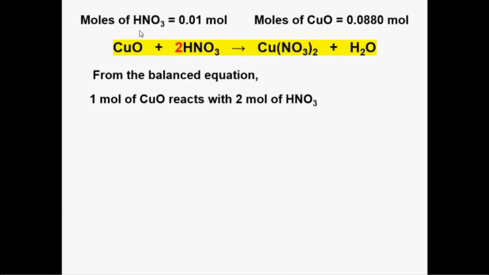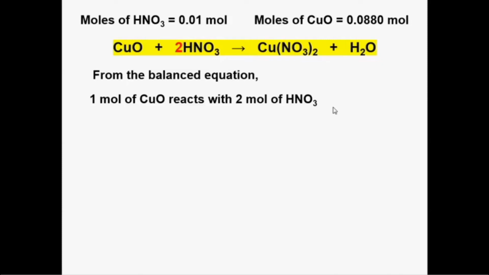At the end of the day, we are going to get the same answer. But for this question, I'm going to use copper 2 oxide as the starting reactant. From the balanced equation, 1 mole of copper 2 oxide reacts with 2 moles of nitric acid.